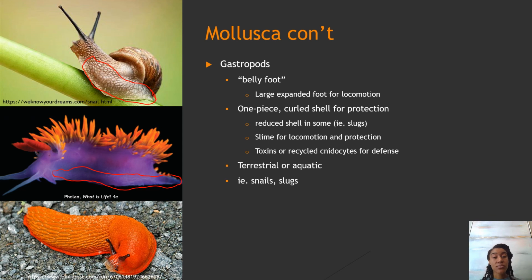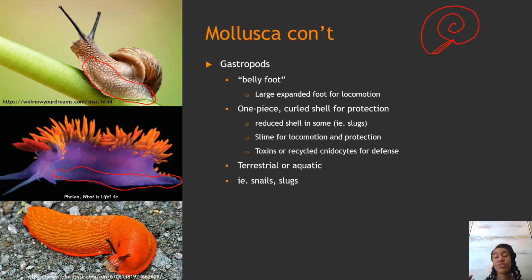Many of them have a shell, and that shell is actually one piece, and their shell will curl. So you've probably seen a snail shell, and it has this opening, and it'll look like this, that kind of curl look.